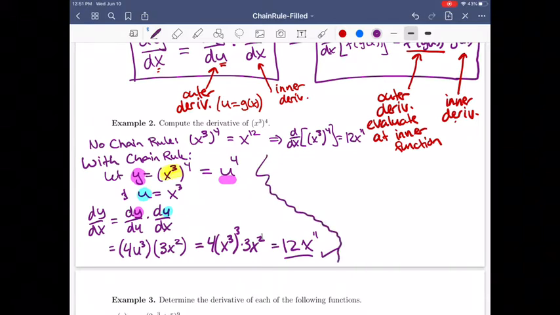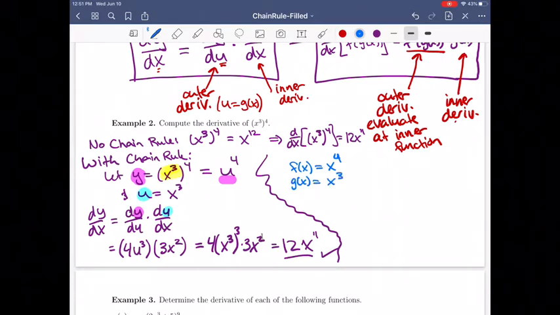Now using the other method, my outer function, f of x, is x to the 4. My inner function, g of x, is x to the 3.